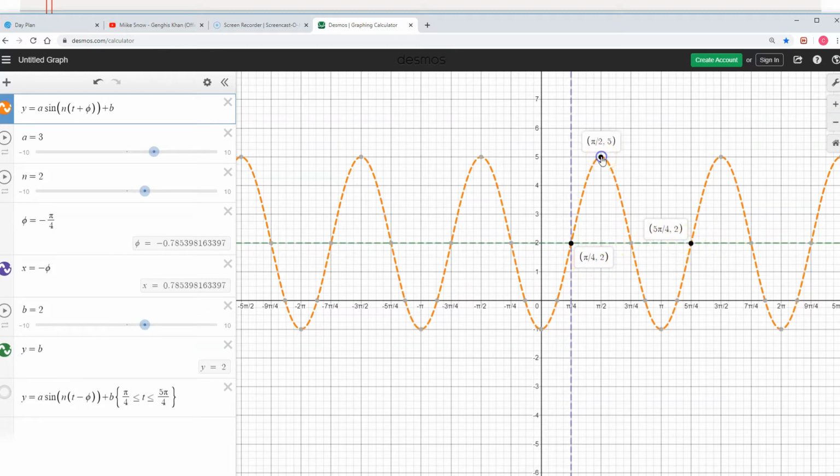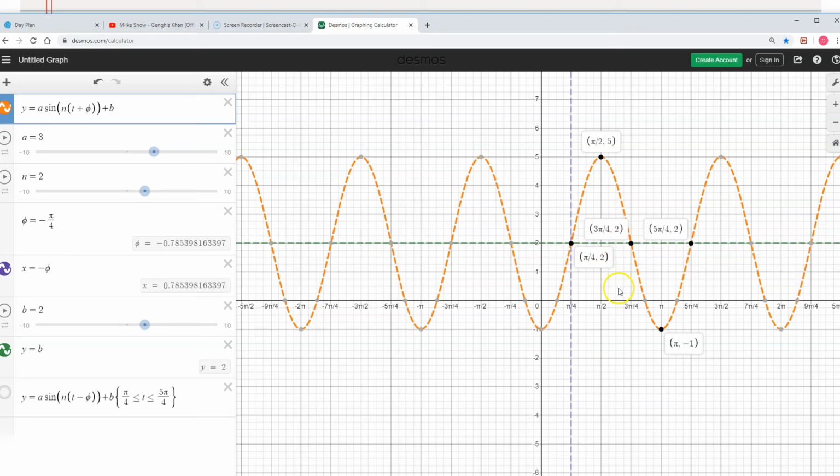It's going to have a maximum at 5, which is equal to 3 plus 2, or the amplitude dilation of 3 plus the vertical translation of 2, and a minimum at 2 minus 3. And then its midpoint here is going to be 3 pi over 4 at 2, so b.